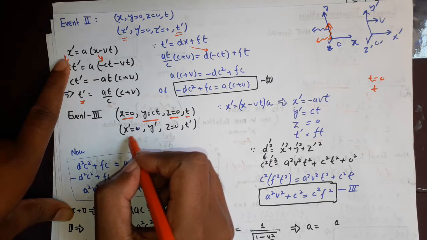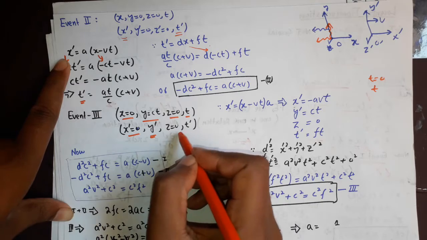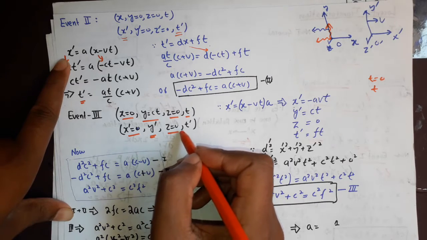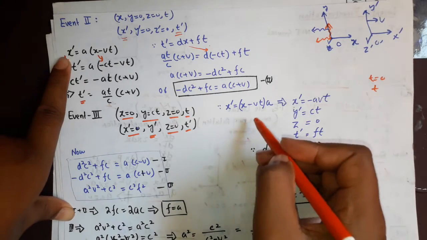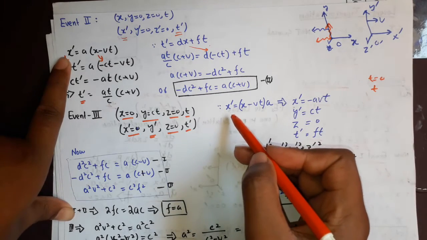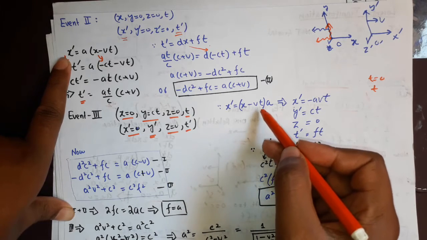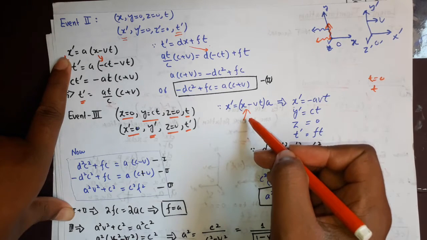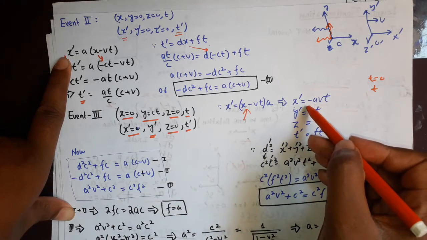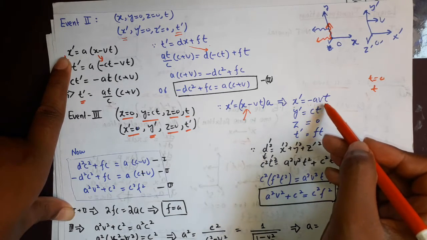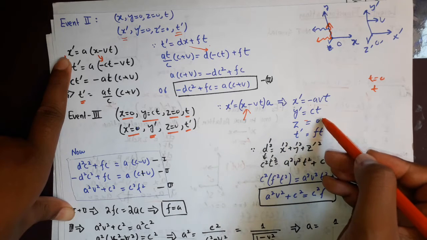And similarly in the x prime frame, x prime will be 0, y prime we don't know, z prime will be equal to 0, and t prime is t prime. So using our transformation equation, x prime is equal to a times x minus vt. Here x is 0, so this gives me x prime is equal to minus avt, and y prime is ct.